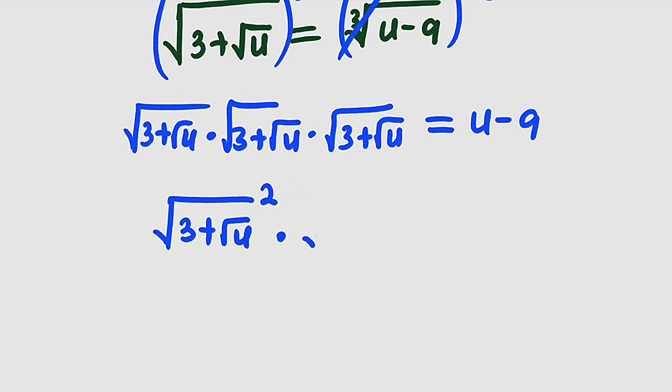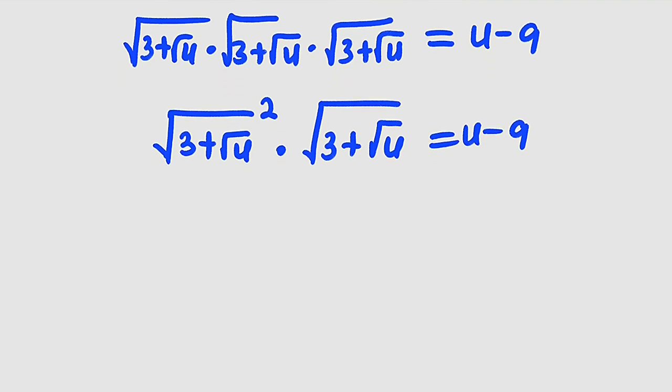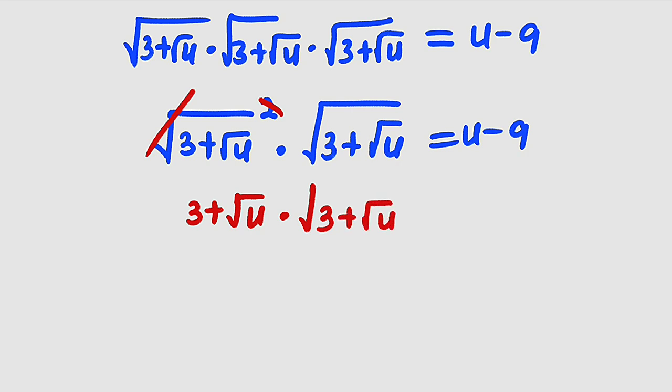Then times the other one, which is square root of 3 plus square root of u, and this is equal to u minus 9. We are moving. This will cancel this, so we have 3 plus square root of u here times square root of 3 plus square root of u, and this is equal to u minus 9.